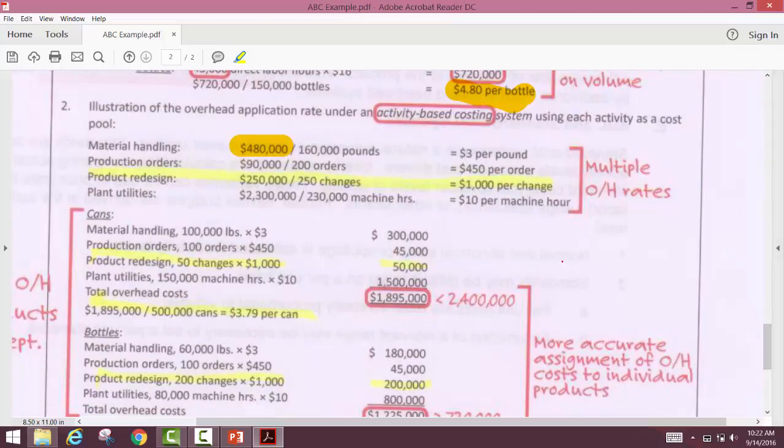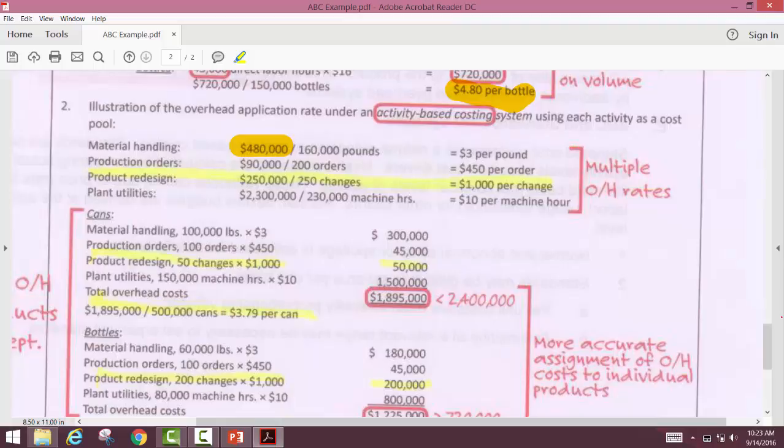Okay, now production redesign, remember that was the one that was $1,000, and remember I said the cans only had 50? Then plant utilities, it was $10 per hour, and the cans used 150,000, right?